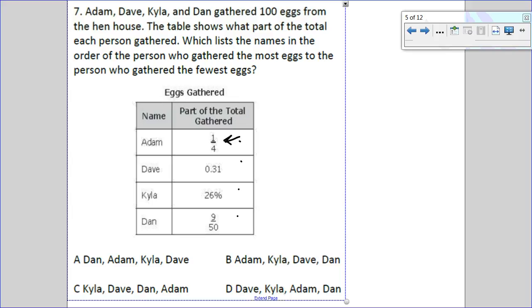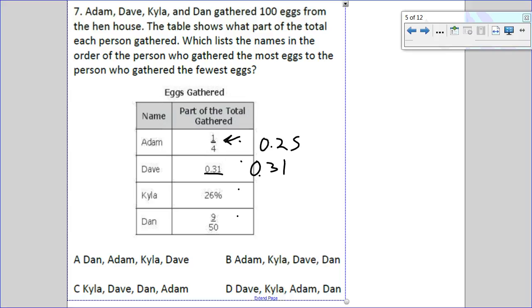1 divided by 4 is going to be 0.25, or 25 hundredths, 2 tenths plus 5 hundredths. This one, luckily, is already a decimal, so 0.31, 26%.